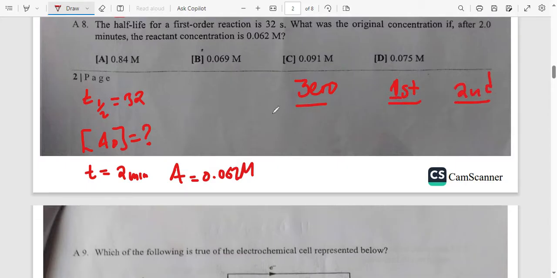Maybe let me ask a simple question, because sometimes if you've forgotten the formula, you can actually derive the equation for half-life. How do you define half-life of a compound? How do you define half-life? Anyone who has got an idea?